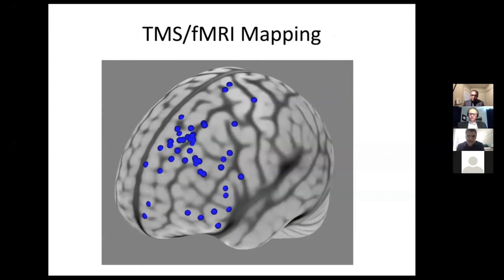Our first stab at doing this is a sample of 15 healthy subjects. We stimulated multiple places for each of these putative pathways, the subgenual and the amygdala, and we're trying to see if we can show an actual response in these deep subcortical regions that we care about.